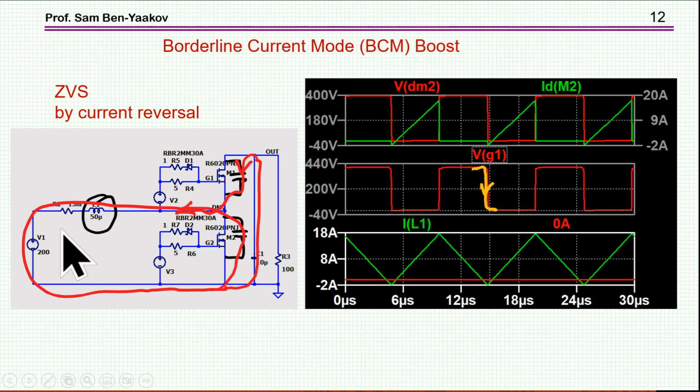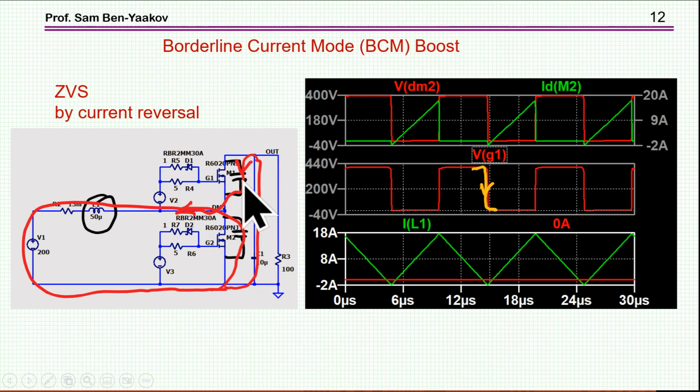In this case, the inductor is small, and consequently we have a very large ripple current such that it actually goes negative. That is, after we turn off this transistor, current will be flowing this way.